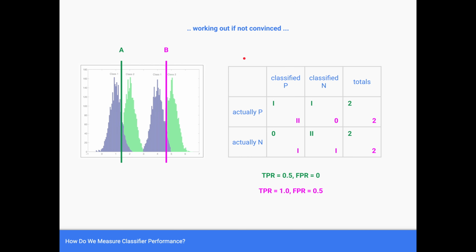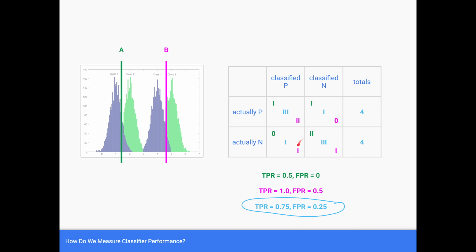Now what happens if we actually combine those numbers? So we did A and B, so we have the scores that we had for classifier A, scores for classifier B, and we added them together. We kind of used both. So you can see now we've got 3 that were actually class 1 classified as class 1.